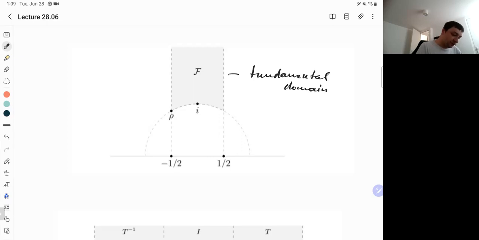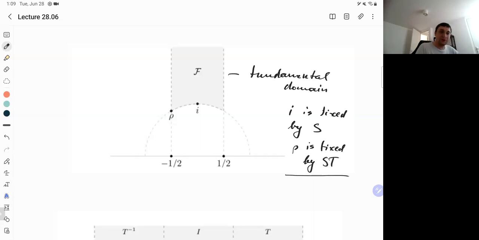And there are a few points which are interesting. Point i has a non-trivial stabilizer. So i is fixed by S, this matrix S that I wrote, and rho is fixed by, I guess, ST. This is an element of order 2, and this is an element of order 3.